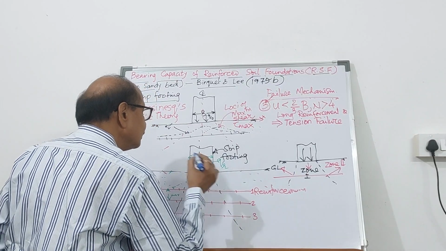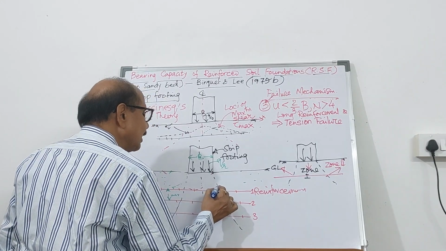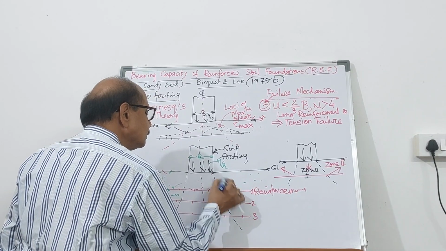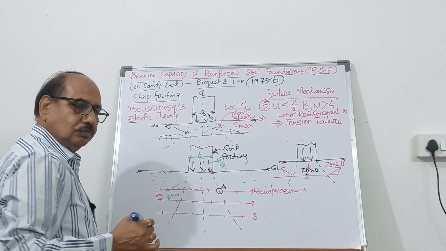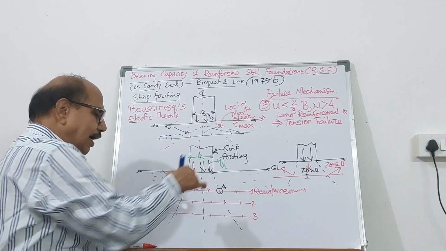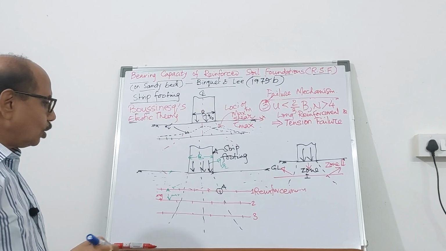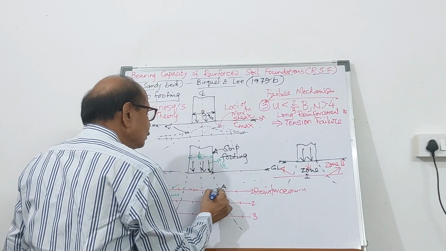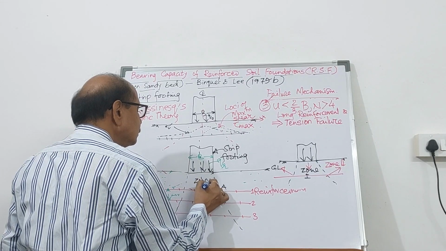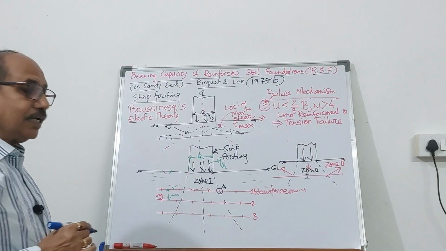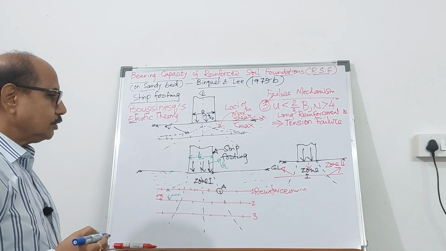So maximum shear. So here, let's say this point is A. The soil is going down. It will apply the force in the downward direction. So in this zone, zone 1, the first zone gives you TD, the tension developed in the reinforcement.